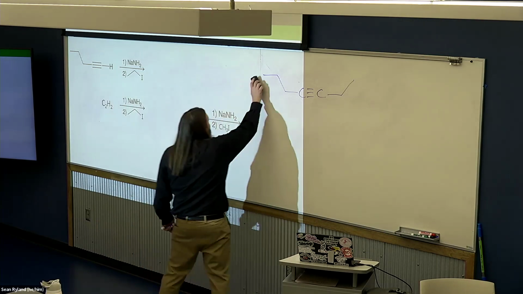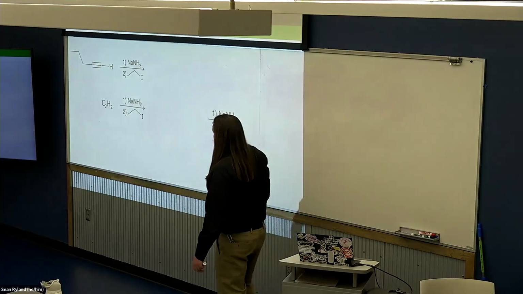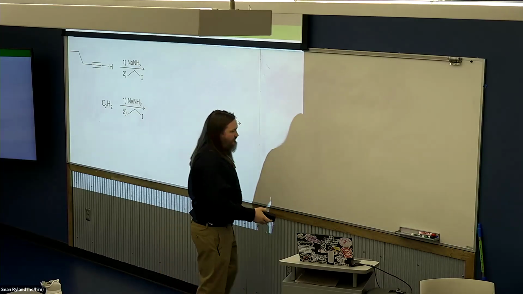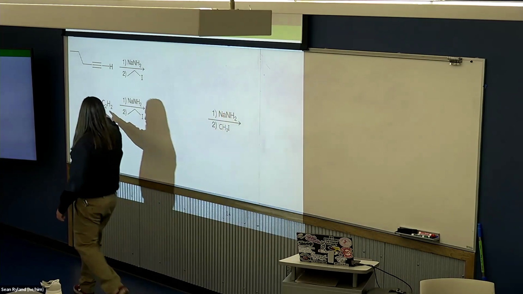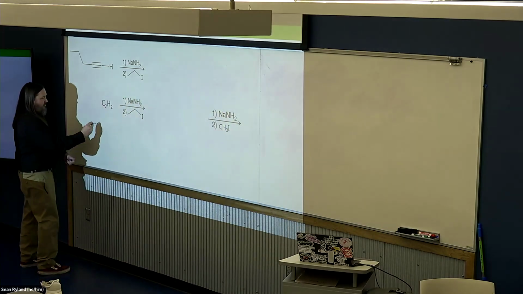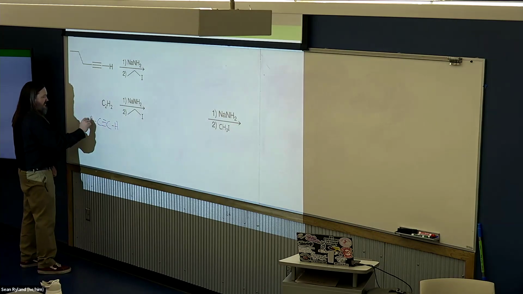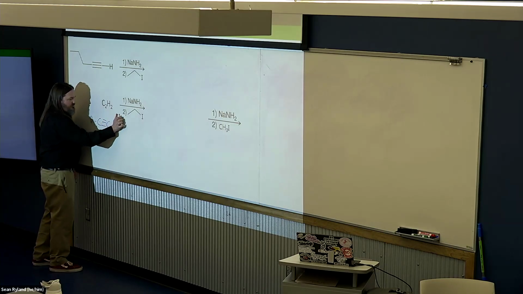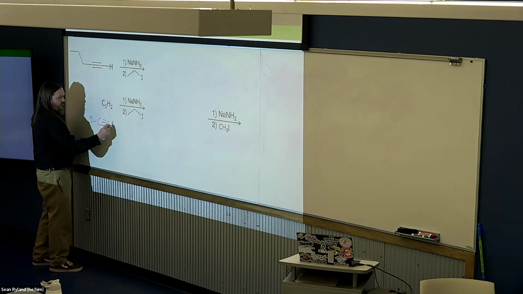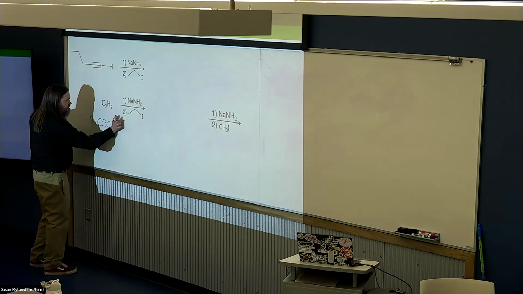So what if we do this twice in a row? If we started from acetylene, ethine, this one, exposing it to excess sodium amide, or just amide in general, it's going to do that.